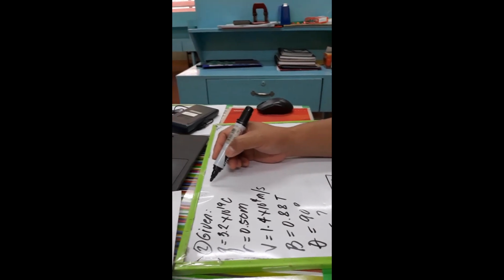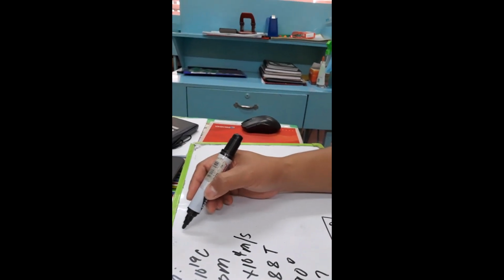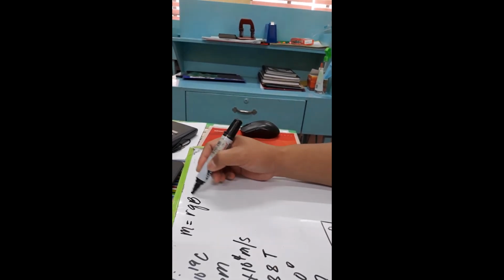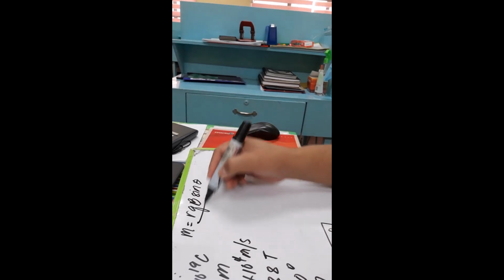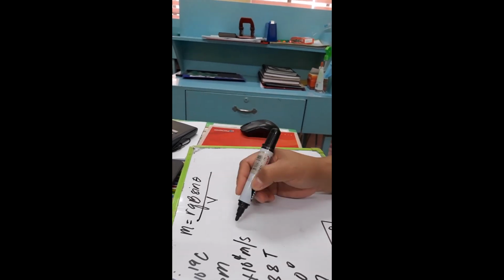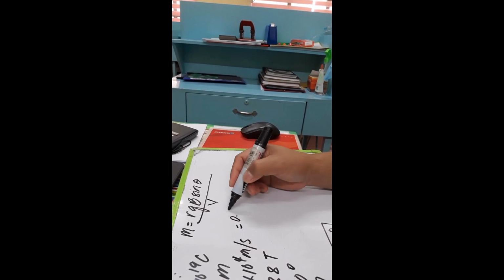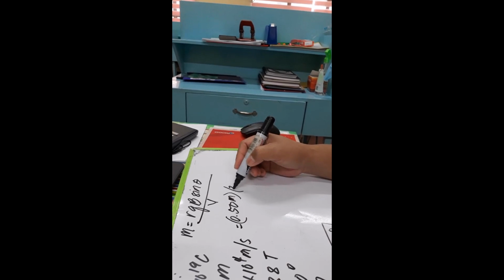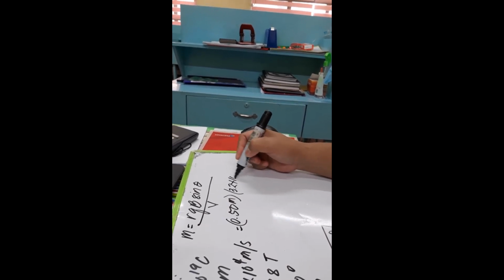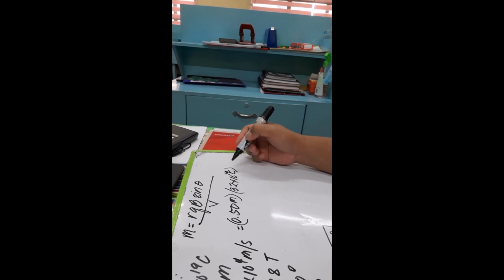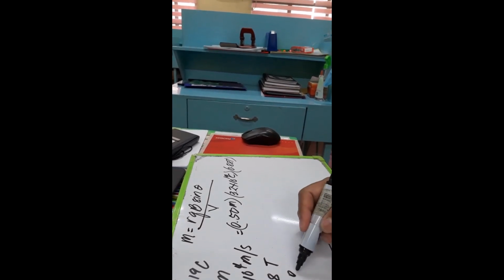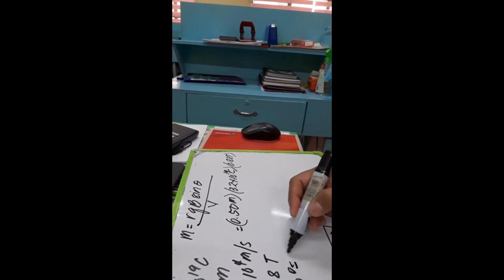So substitution, so we have here mass is equal to R Q B sine theta over V. Substitute natin, so we have 0.50 meters multiplied by the charge, which is 3.2 times 10 raised to 19 coulomb, multiplied by the Tesla, which is 0.88 Tesla. Our sine theta is equal to 1.